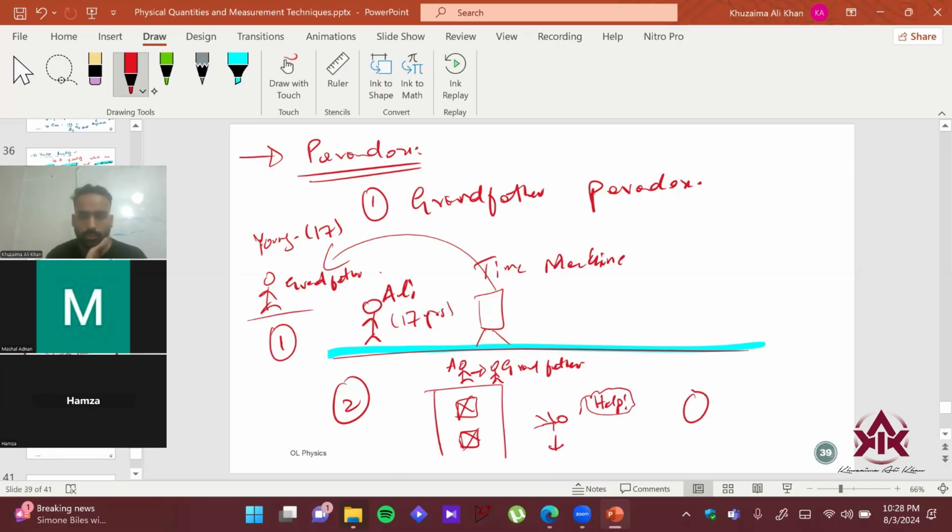Oh, how do we draw a skull? Let me draw the skull. Okay, grandfather basically died. Now what would be the issue over here? Can anyone tell me the issue?